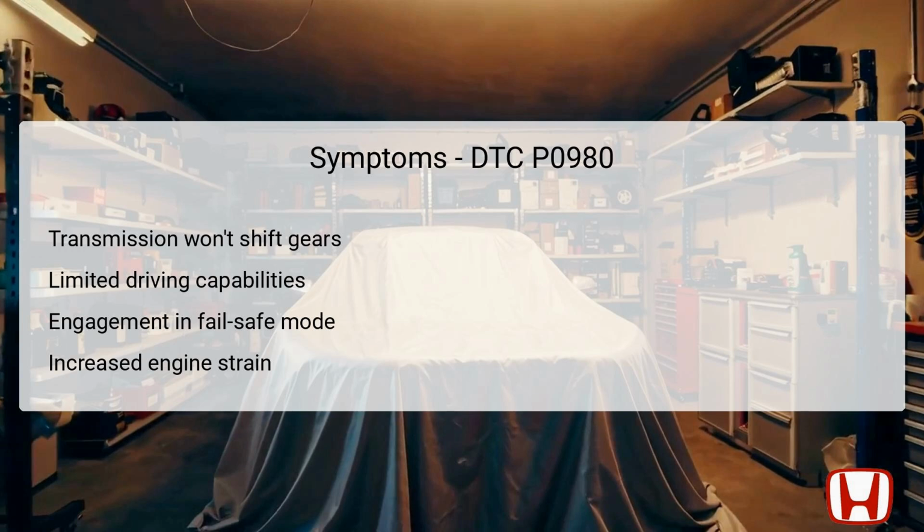Consequently, the vehicle may respond sluggishly or not reach optimal speeds, affecting fuel efficiency. This limitation can also cause increased strain on the engine as it tries to compensate for the lack of shifting, potentially leading to further mechanical issues if left unaddressed. Recognizing these symptoms can help in diagnosing and resolving the underlying problem effectively.